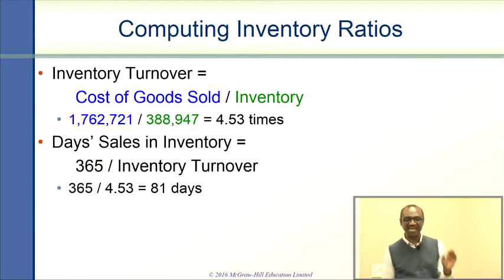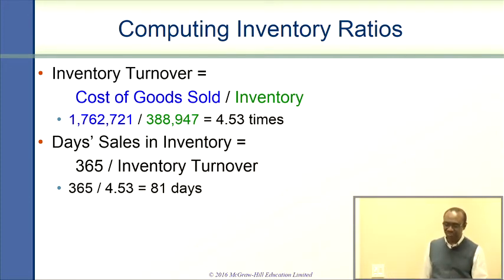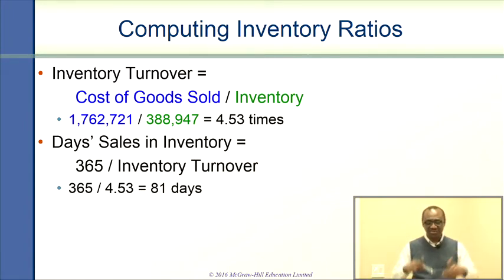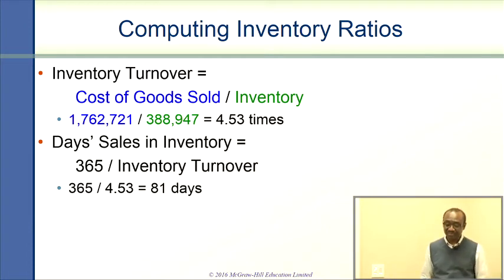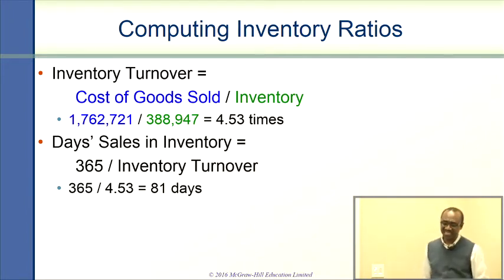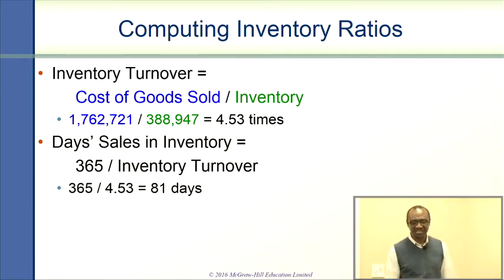A slow-moving item gives rise to obsolescence, which means it can become obsolete, old, or it can be pilfered or stolen, which means we have to write them down, meaning more loss. Then there's the heating bill, lighting bill, insurance, all the costs of holding those stocks in the warehouse, which do not add any value, which means the company will be losing money by holding the inventory in the warehouse.